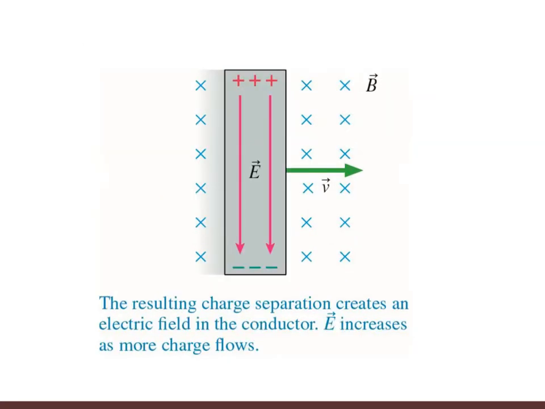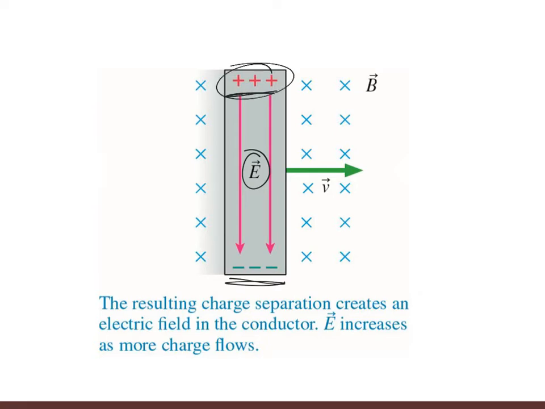So as that bar moves across, it's going to experience a separation of charge from positive to negative, which generates an internal electric field. So you're moving through a B field, which generates an electric field, and that's actually how light propagates, by generating those magnetic and electric fields.